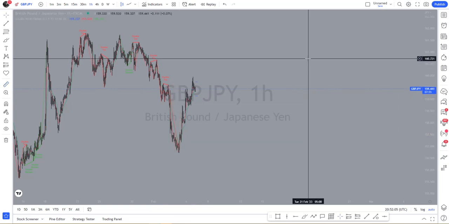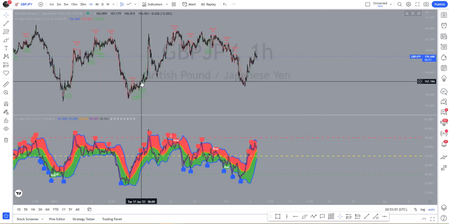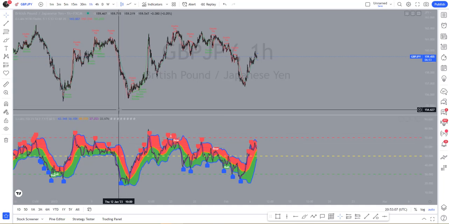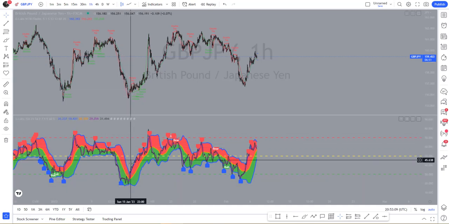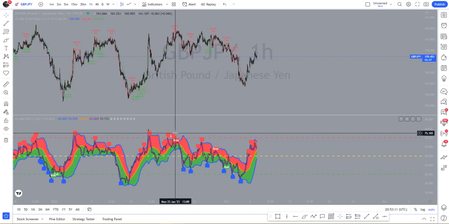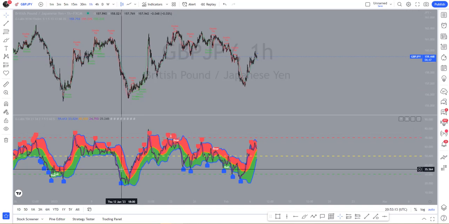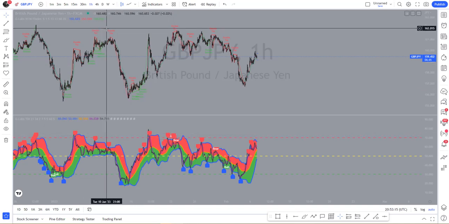So that one's the G-labs WM finder, great for BTMM trading. I also think that with the G-labs Traders Dynamic Index, when combined with the shark fins, this can provide really nice confluence.